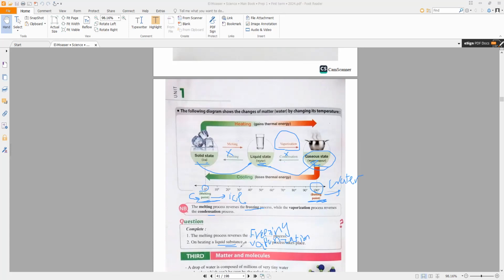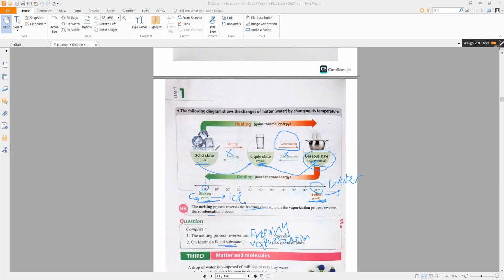The condensation process reverses the vaporization process. Yes, and the freezing process reverses the melting process.